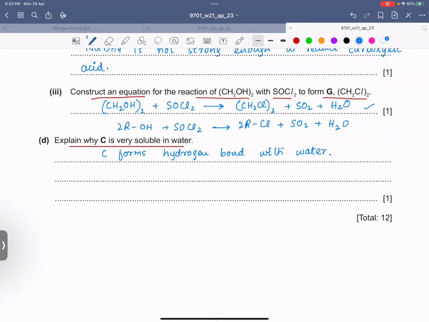Both carboxylic acids and alcohols can form hydrogen bonds with carboxylic acids and alcohols as well as with water. But aldehydes and ketones form hydrogen bonds with water molecules, but not with other aldehydes or ketones themselves. The molecules of aldehydes cannot form hydrogen bonds with each other. In the same way, the molecules of ketones cannot form hydrogen bonds with each other, but they do form hydrogen bonds with water.